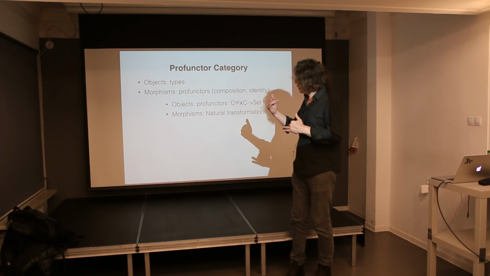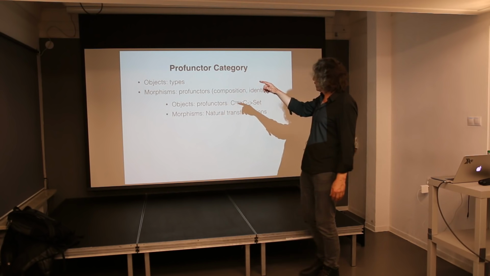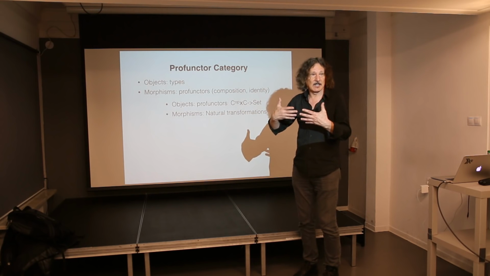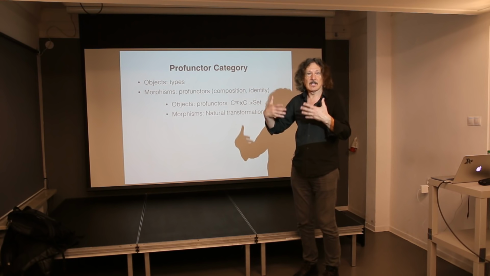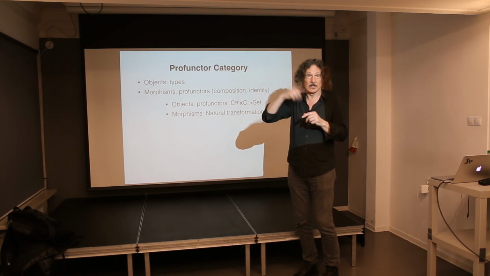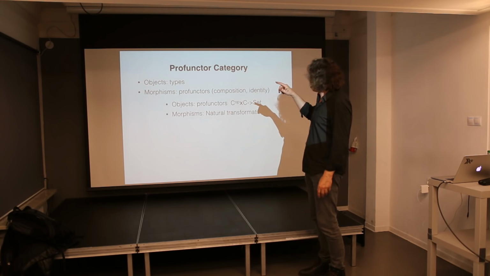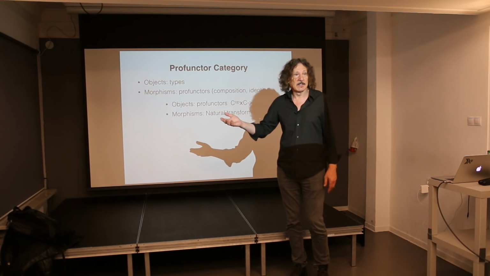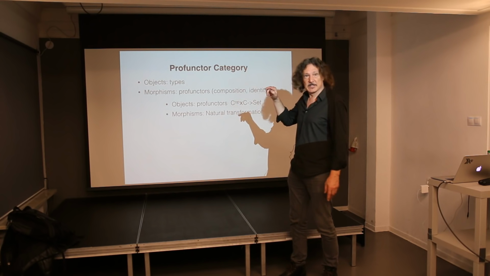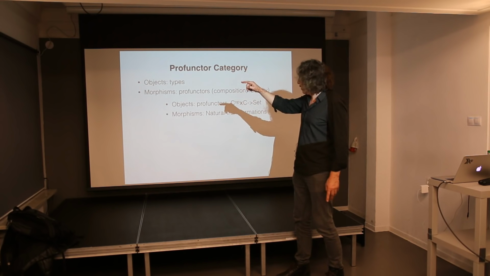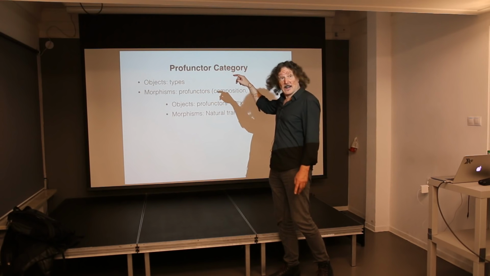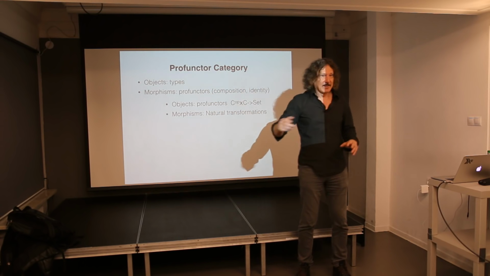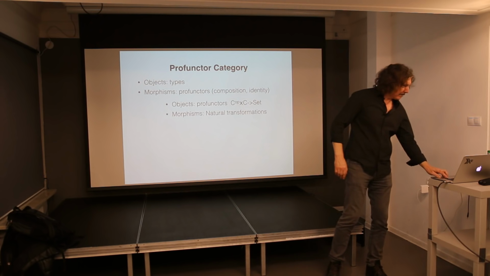You can do the same with profunctors because profunctors are really functors from C op cross C, meaning a product of the opposite category and the category itself. The opposite category is the one which has all the morphisms reversed. So that's the contravariant part. Since these are just functors, there are natural transformations between them. So I can define a category in which profunctors are objects. Notice, here profunctors are objects, and here they are arrows between objects. So this duality is weird, right?